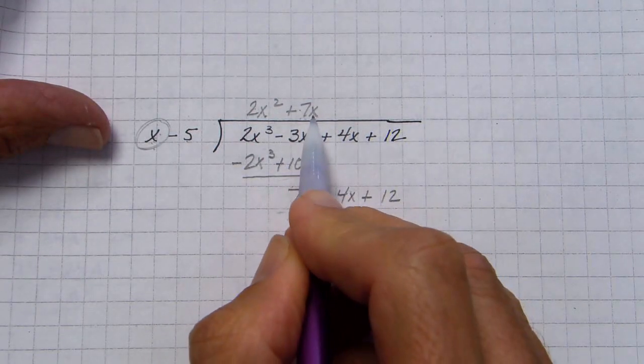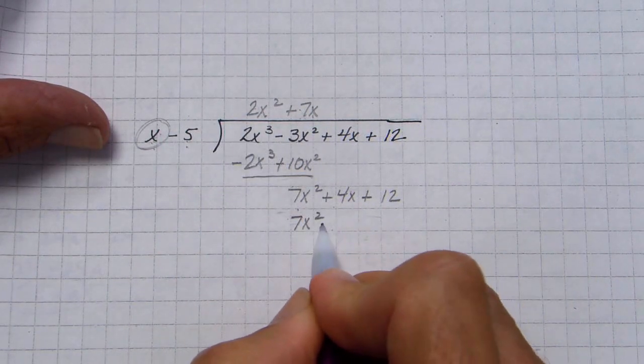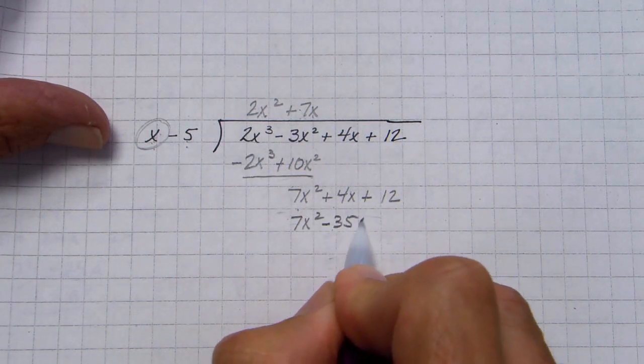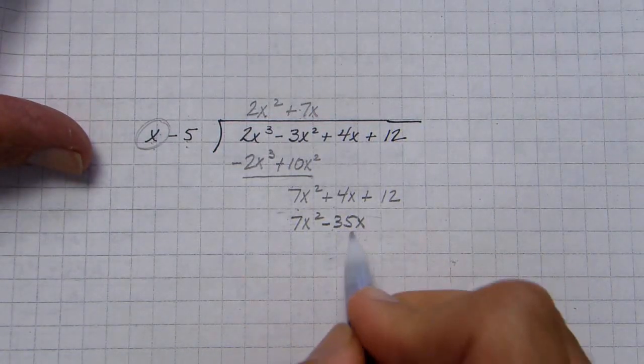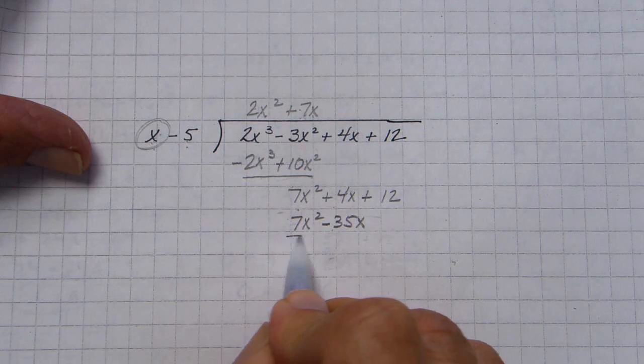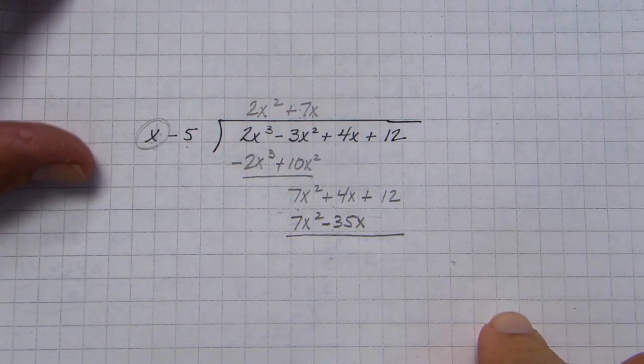But then I also have to do 7x times the -5, which gives me negative 35x. It's very important when you work with polynomials, you got to keep all the like terms aligned. Otherwise, you're going to be combining non-like terms, which doesn't make any sense.